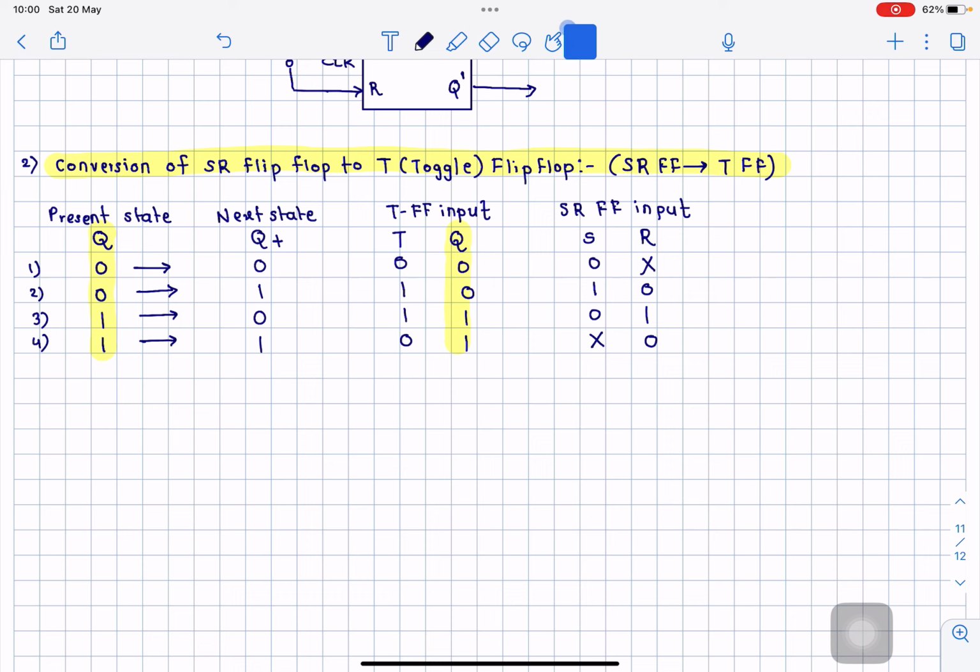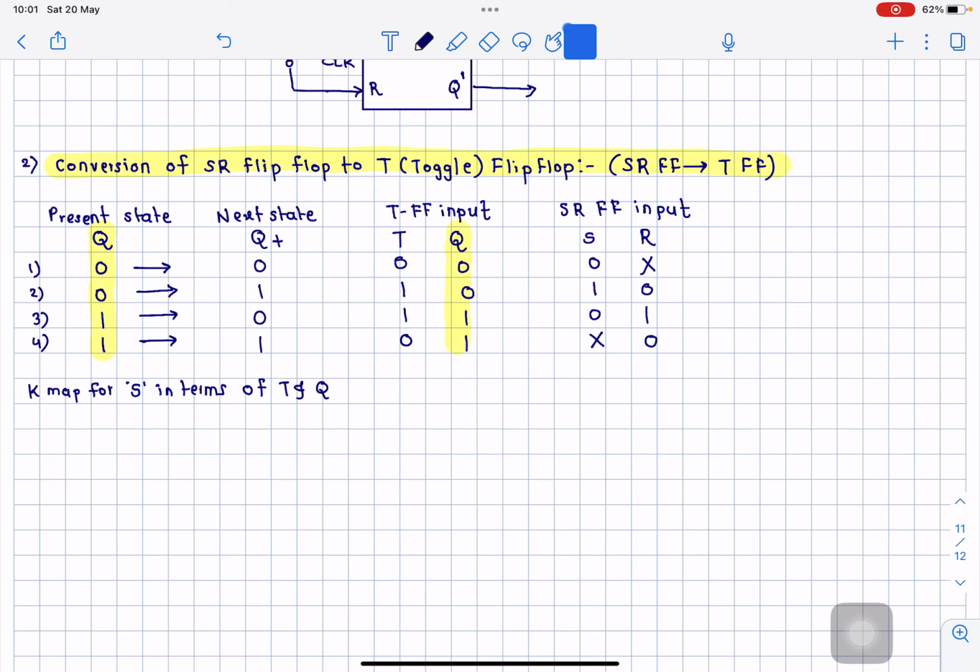Now again what we do is apply the K-map technique in order to write the equation for S in terms of T and Q, and R in terms of T and Q. So K-map for S in terms of T and Q, because we want to convert S into T and Q, right?